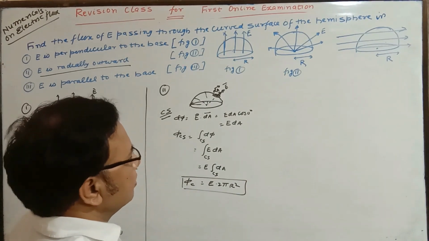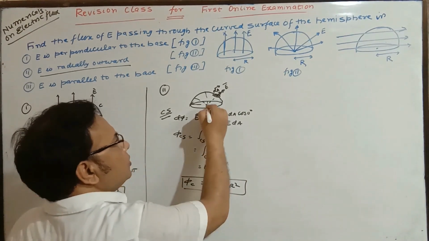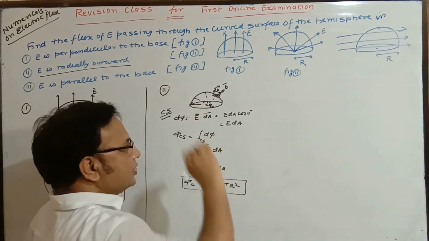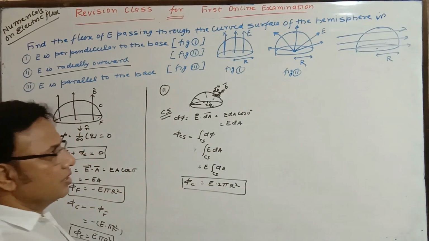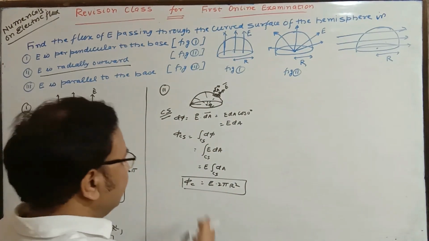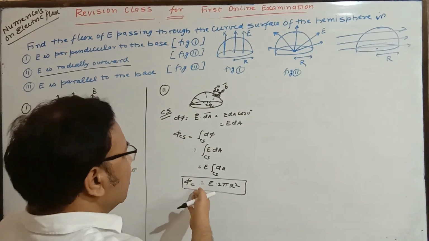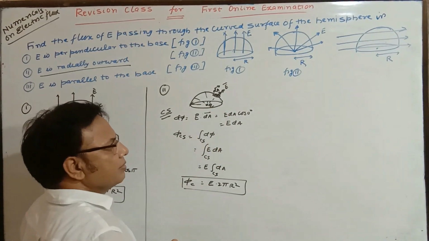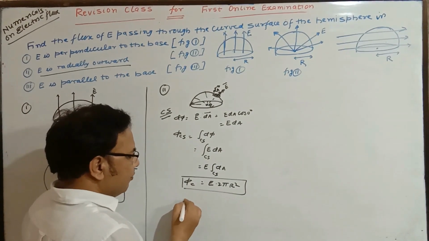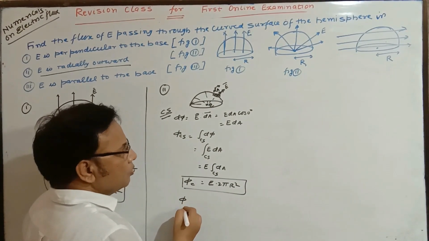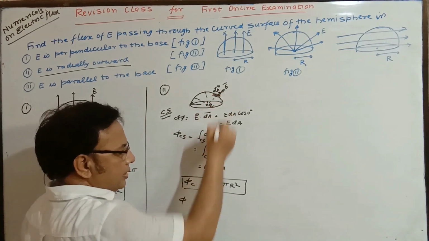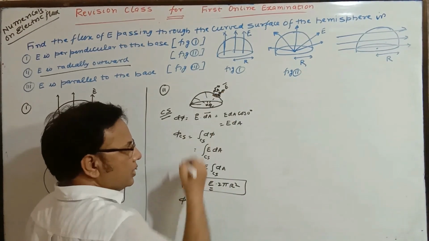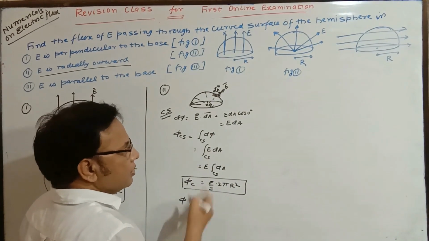Now in this case, if it is due to a charge Q placed somewhere here, then the φ value is equal to the electric field at this point, at a distance R, the radius of this.